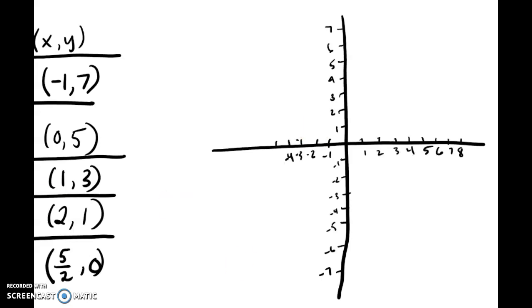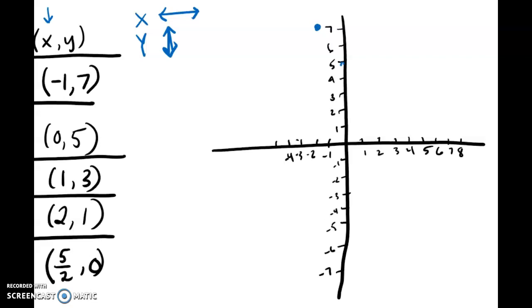And so I roughly sketched, I put the grid marks, the scale on my XY axis. And so when I go to graph these, I do the X first, so that's the horizontal direction. So the X will go left or right. Then I move up or down the Y amount. So negative 1 and then up to 7.